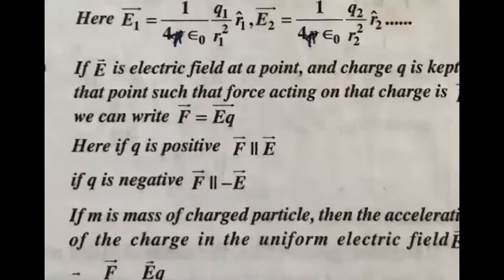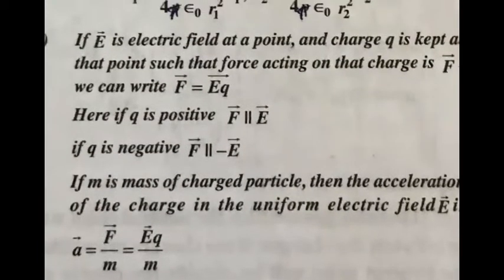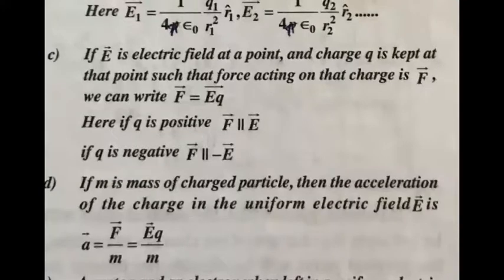Now come to the second point. If E bar is the electric field at a point and a charge Q is kept at that point such that the force acting on that charge is F bar, we can write F bar equal to Q times E bar. Suppose capital Q is there at home. Now at point B the electric field is E bar.